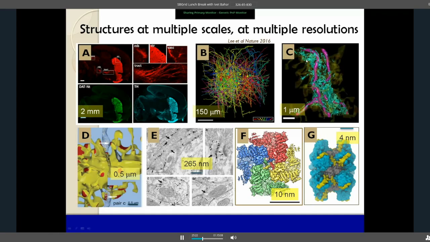In panel C, we have the dendrite and the organelles, the mitochondria and ER, as well as panel D. So we are essentially using structural data for understanding the dynamics of these biomolecular systems using basic physical chemical principles.